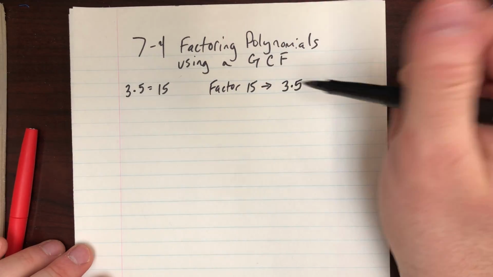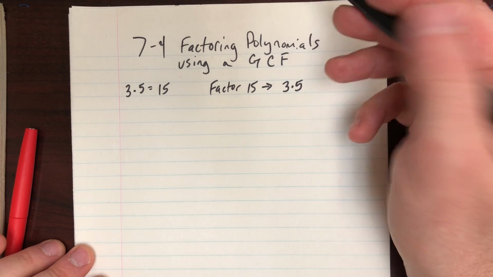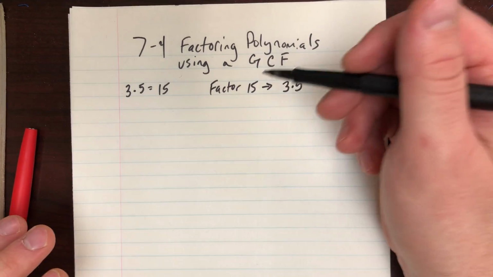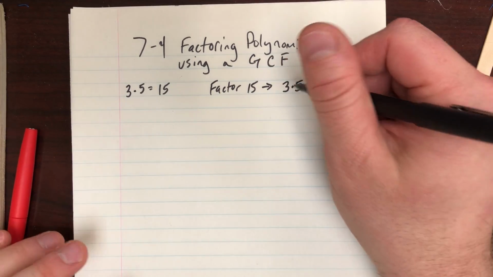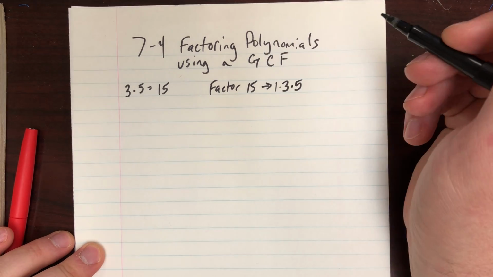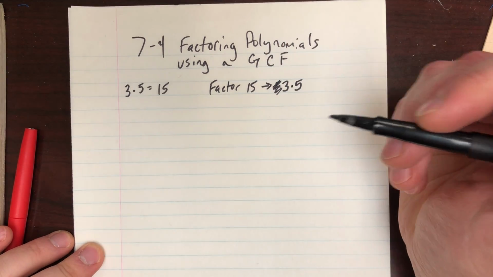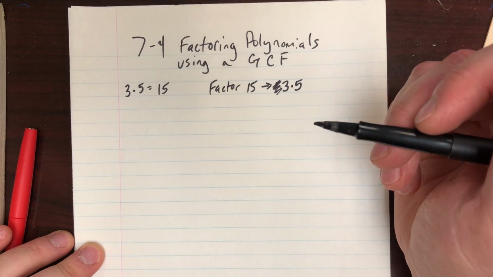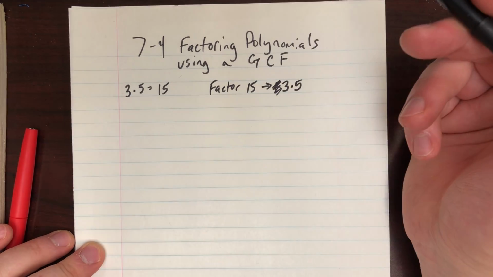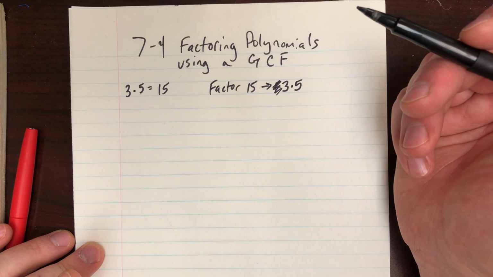One thing to mention about factors is that 1 is a factor of everything, right? I could say this is 1 times 3 times 5, but we don't say that, because since 1 is included with everything, we don't need to mention it for anything.